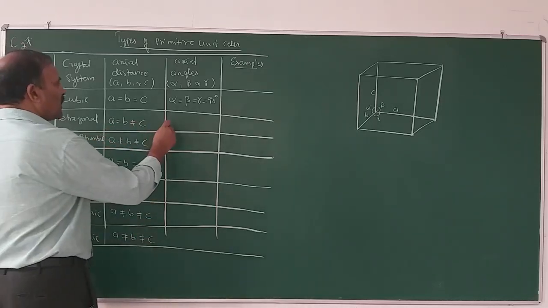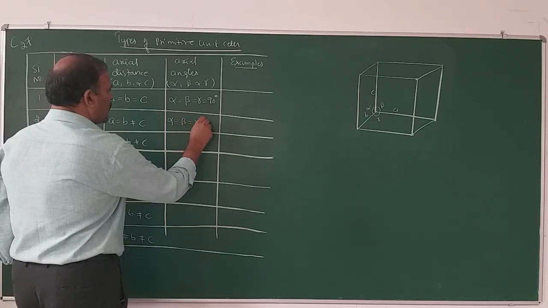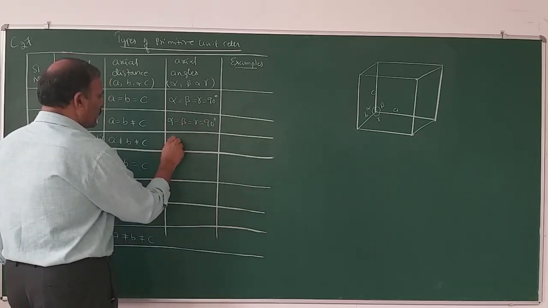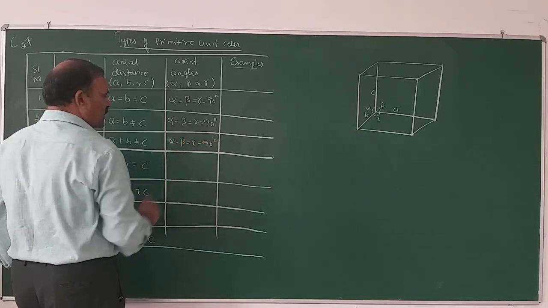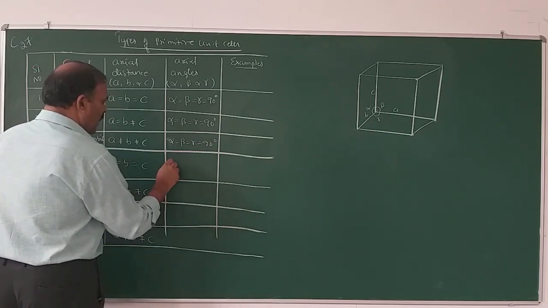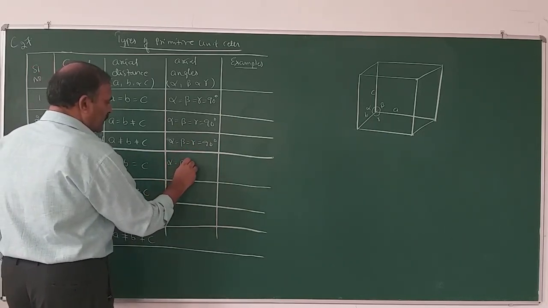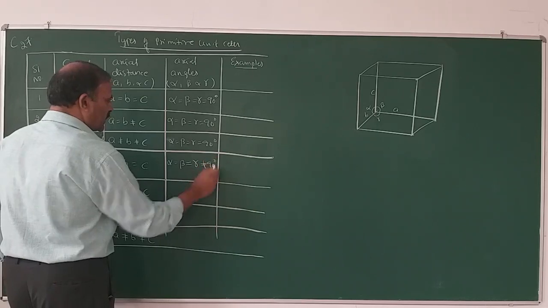A equal to B not equal to C, here alpha equals beta equals gamma equals 90 degrees, alpha equals beta equals gamma equals 90 degrees, here alpha equals beta equals gamma not equal to 90 degrees.